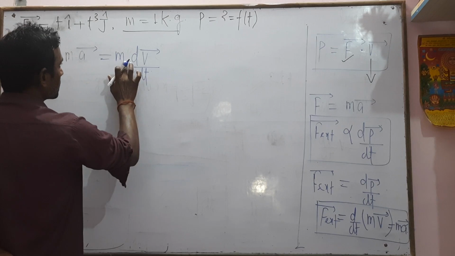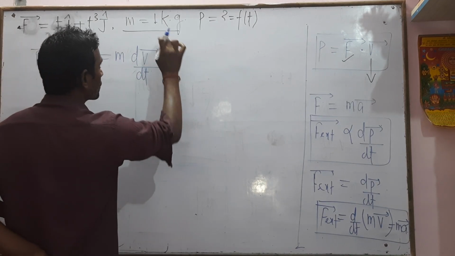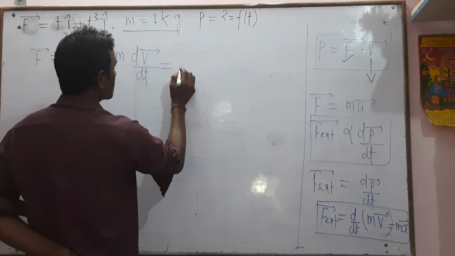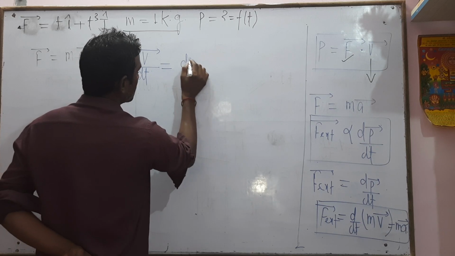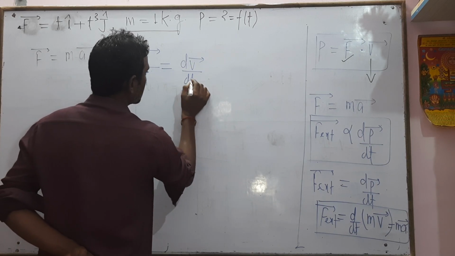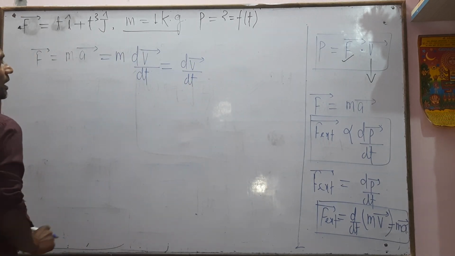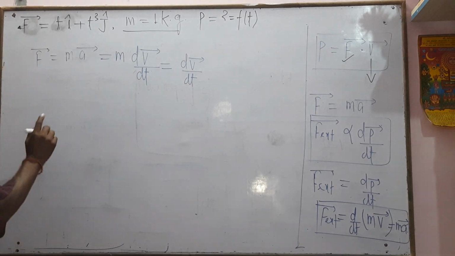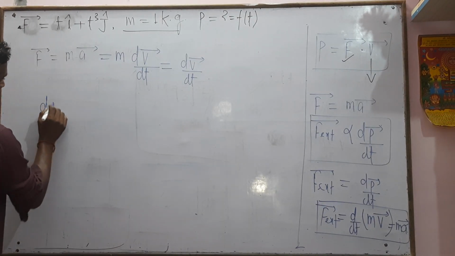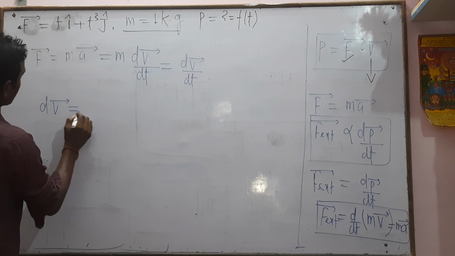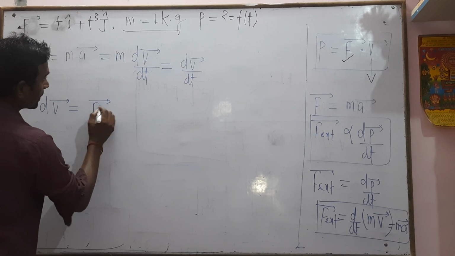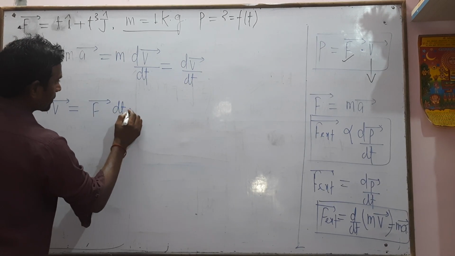Mass is constant, so in place of mass we can put m equals 1. This is the given value. So F vector equals dv vector by dt. We need the value of the velocity vector, so dv vector equals F vector times dt.